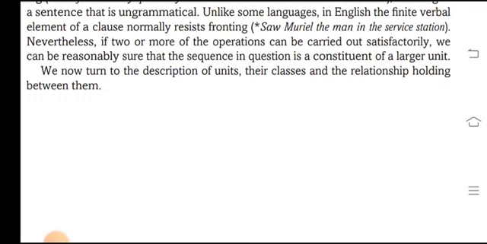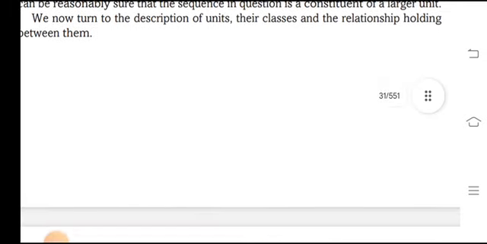We now turn to the description of the units and the clause, and the relationship holding between them.